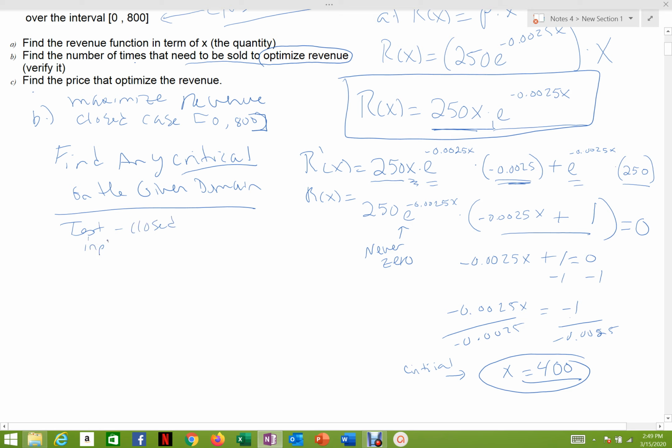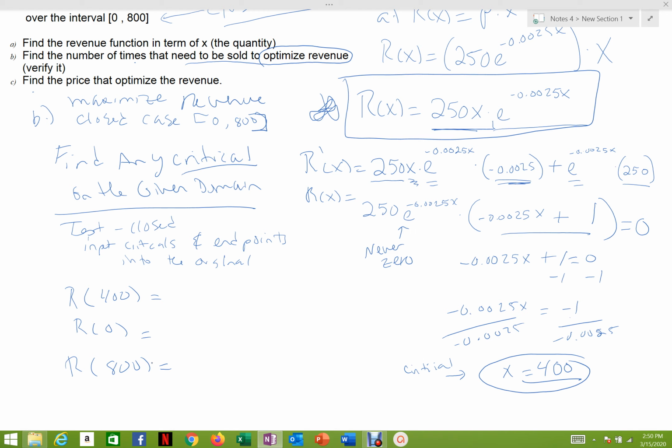So we input any criticals and endpoints into the original, which remember was the revenue we found in part A. And so I'm going to take my revenue I found in part A, plug in the 400, the critical, plug in the endpoint 0, plug in the endpoint 800. The extreme value theorem guarantees one of them is going to come out a maximum, one of them is going to come out a minimum. I want the maximum, right? I want to optimize sales, I want to optimize revenue.